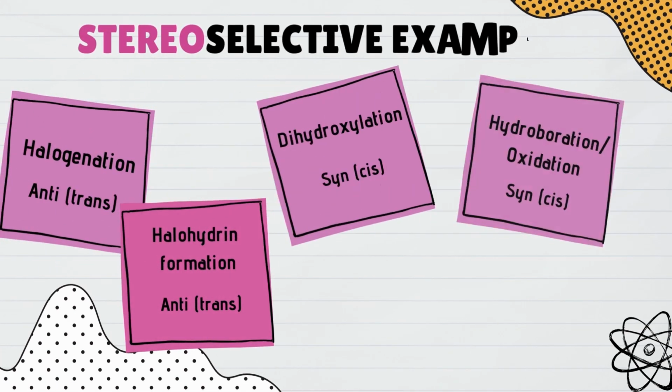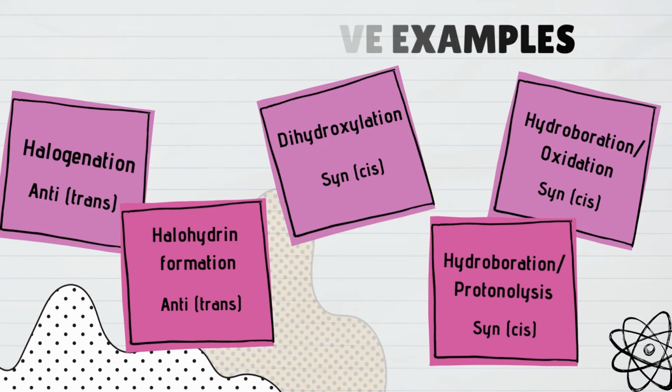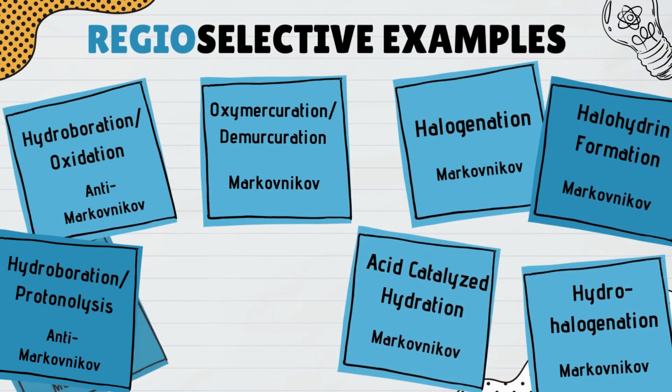So to just quickly finish up here, these are some examples of common stereoselective reactions in Organic Chemistry 1. Halogenation and its similar reaction of a halohydrin formation both do an anti- or trans-looking addition. The hydroborations do syn additions. Dihydroxylation also does a syn addition. Common regioselective reactions in Organic Chem 1 include some of these.